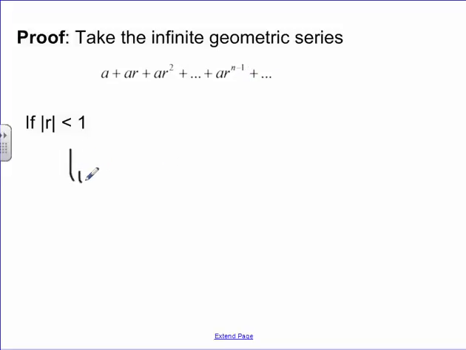Really what you're doing is taking the limit as n approaches infinity for, say, a plus ar plus ar squared, and you're adding it up until you get to the point where you have ar to the n, except n is infinity. You're just doing this over and over again, dot, dot, dot, until the number that you're multiplying by, your 1/3 or your 1/2, you're doing that an infinite number of times, right?